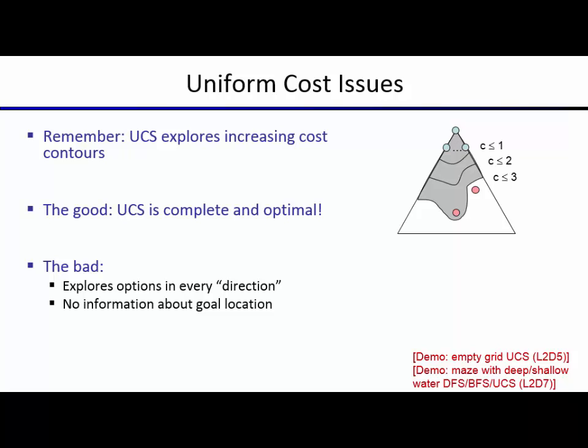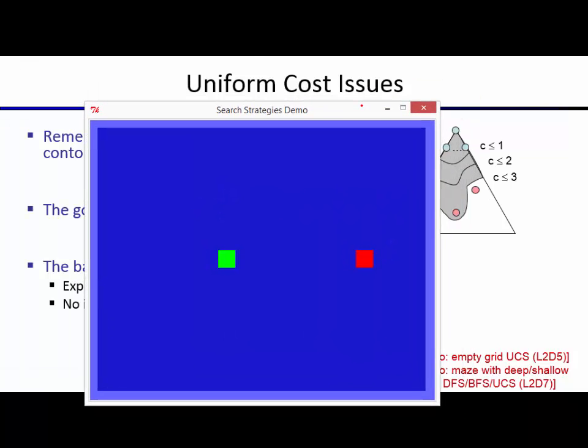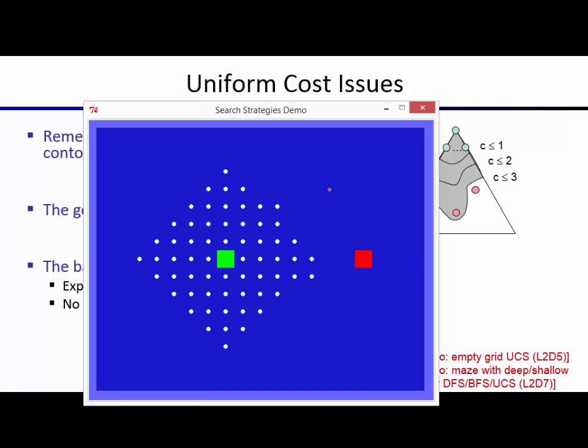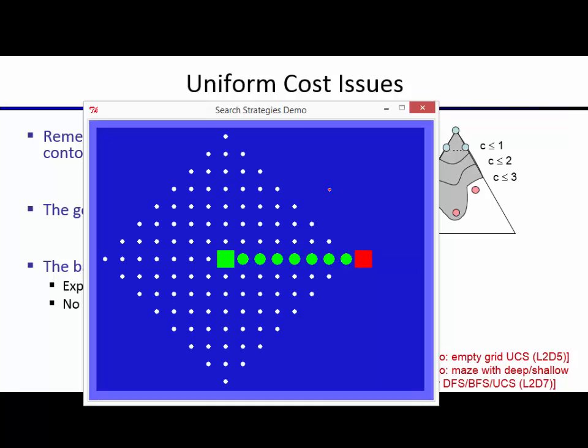Here is our empty grid again, and uniform cost search on our empty grid looks like this. Since it has no notion of where the goal is, it expands equally far in all directions, and so it could spend a lot of time going in the wrong direction. Next time we'll see how to avoid that.